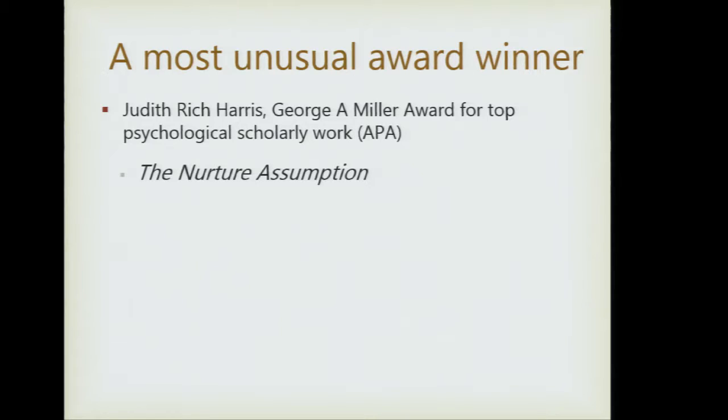I also want to talk about why this occurs. This person is Judith Rich Harris. She won an award for one of her research papers that was turned into a book called The Nurture Assumption. What Harris found was that we often think the reason kids turn out well is because of the parents, right?